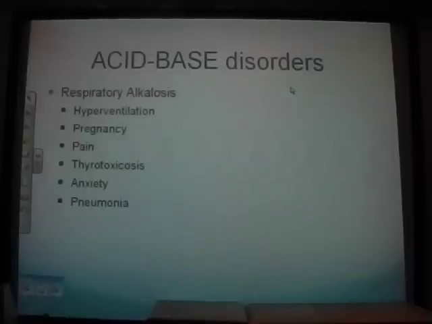You get a 40-year-old lady coming in, no respiratory history, and she's just suffering from an anxiety attack. Toxicosis can cause it as well, again because they're hyperventilating. So all of them really have to do with hyperventilation. And sometimes when you've got pneumonia, I've seen a patient on the ward that actually presented with respiratory alkalosis. Okay, but that's not as common. It's more acidosis that they come in with.